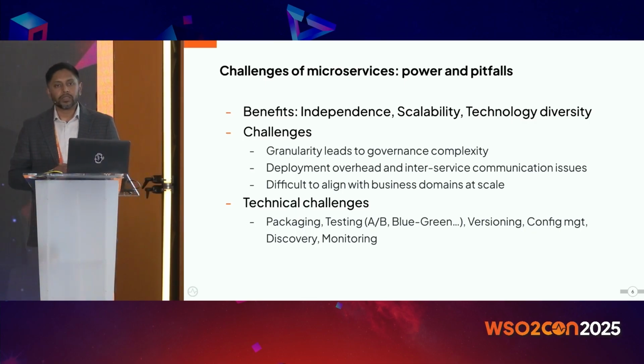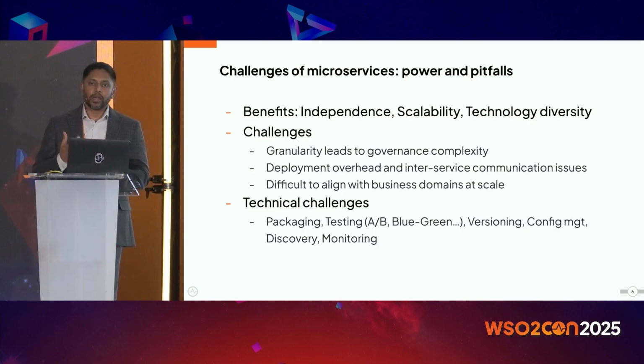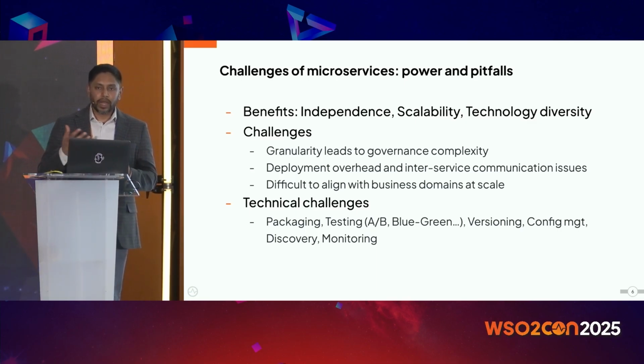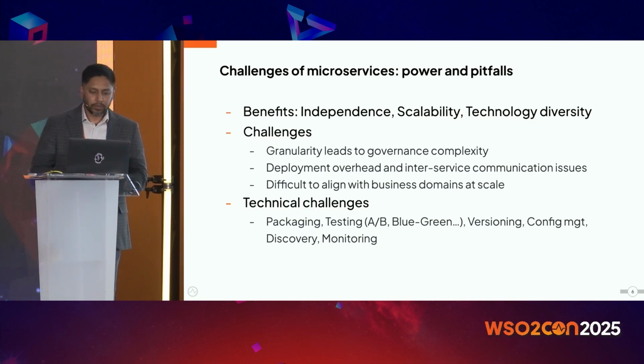But the problem is when we handle microservices at scale, it becomes unmanageable because it leads to governance complexities. It leads to the overhead of inter-service communication. Basically, when you have multiple microservices talking to each other, managing that at scale is a problem.